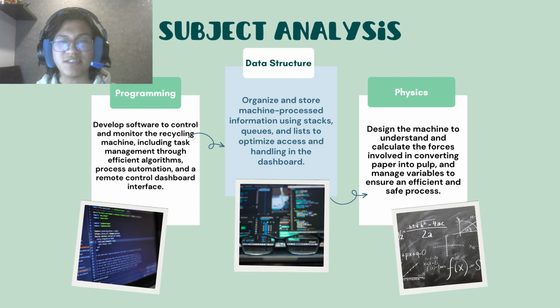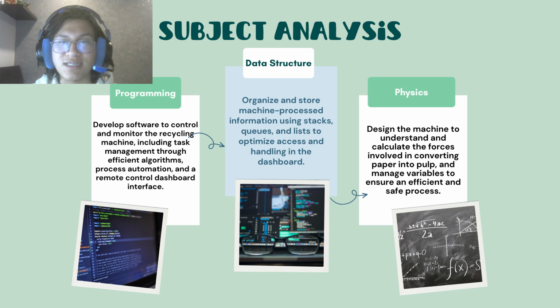Some of the subjects seen at the university that helped us carry out this project were: the first one is programming, to develop the software that controls and monitors the recycling machine. Through efficient algorithms, tasks are managed, the process is automated, and the dashboard interface that allows remote control is created.